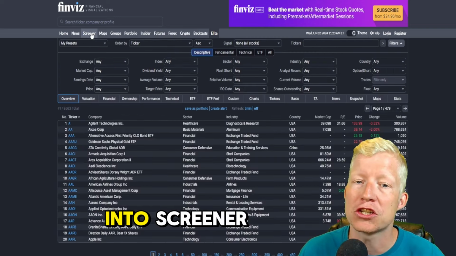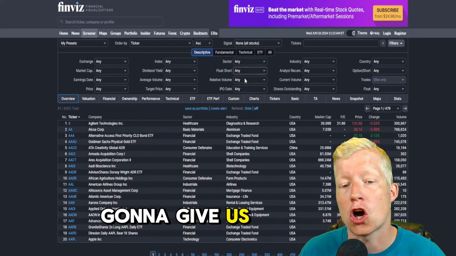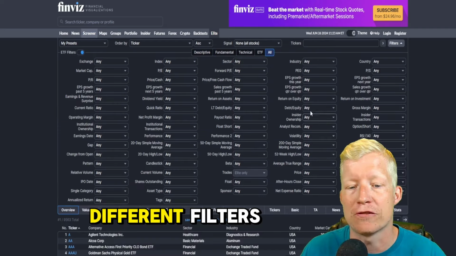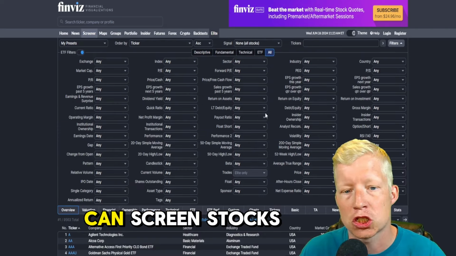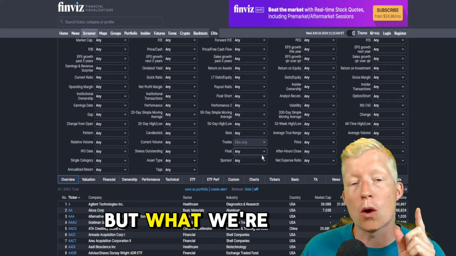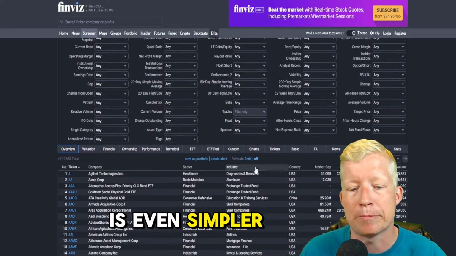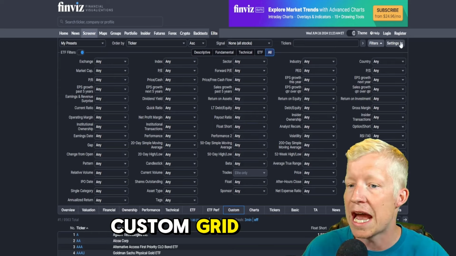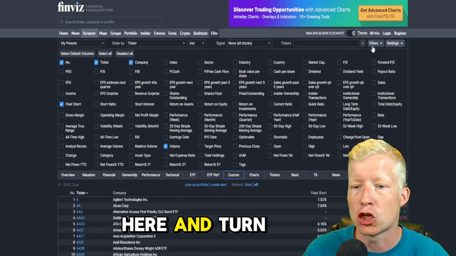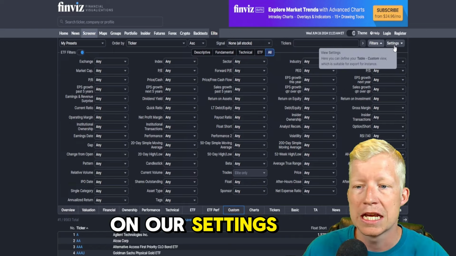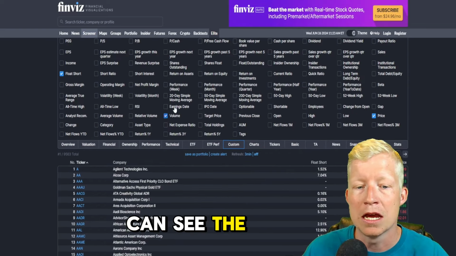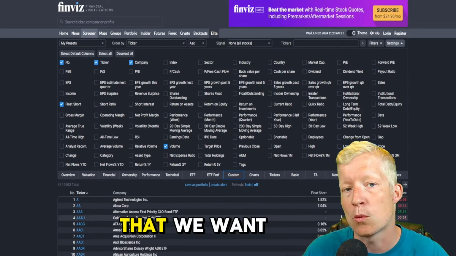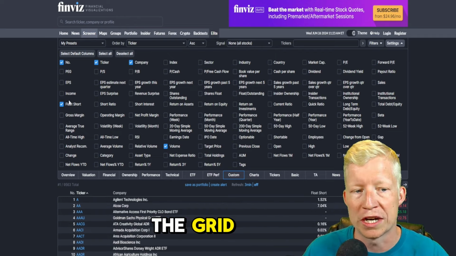We're gonna click into Screener, and this is gonna give us all kinds of different filters for how we can screen stocks. But what we're gonna do today is even simpler than that. We're gonna come down to the custom grid, and we're gonna come back up here and turn on our settings so that we can see the types of columns that we want to show within the grid.